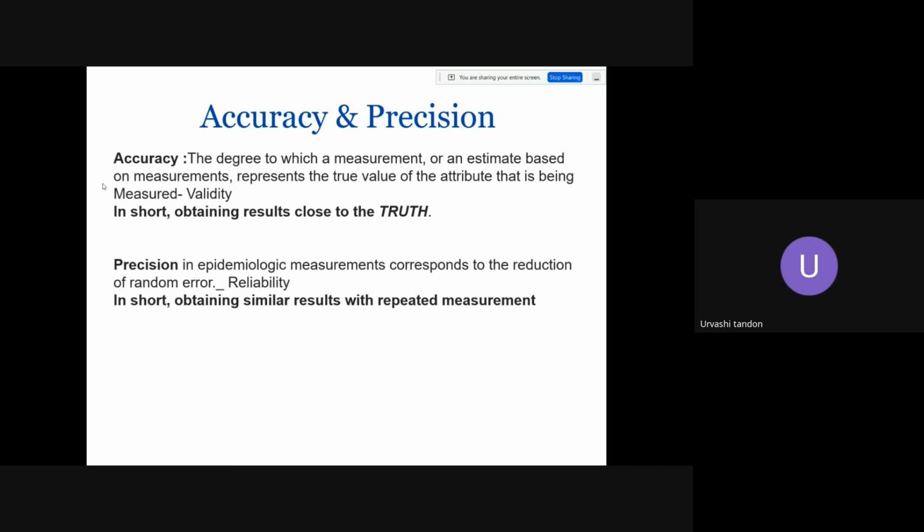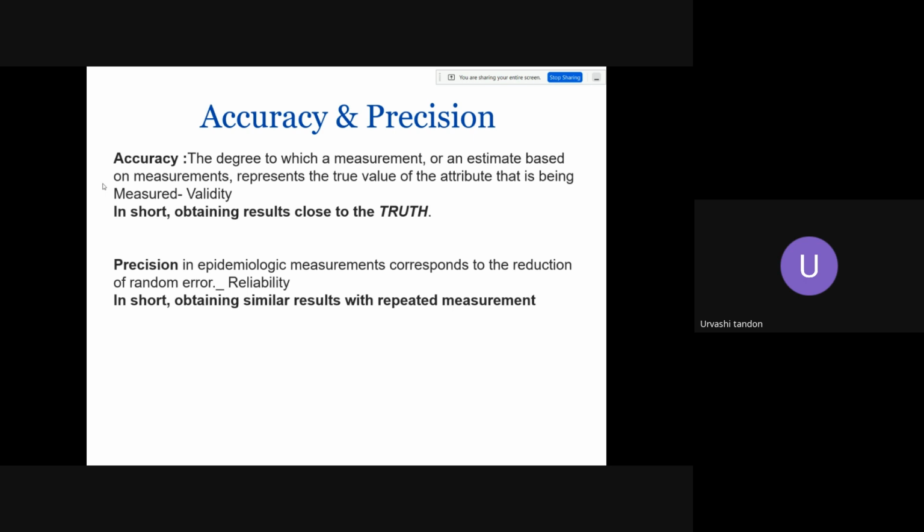This is the accuracy. And precision is, let's say you develop an instrument, and after repeated testing it gives you the same results. If it is giving the same results, then it has reliability. That means it is reducing the random error.